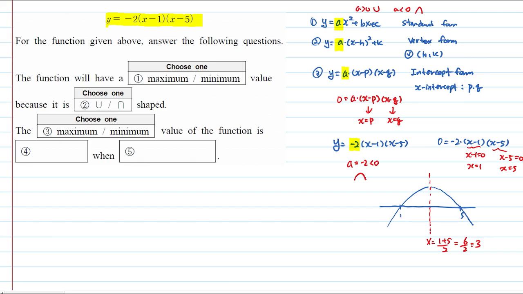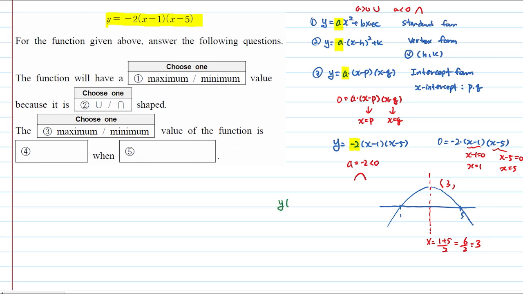Because this is a symmetric graph, it will be the midpoint of the 2. So the x coordinate of the vertex will be 3, because your vertex will be sitting on the axis of symmetry.